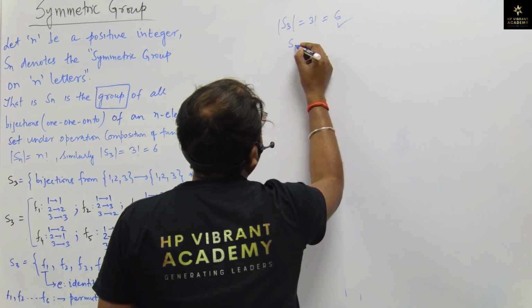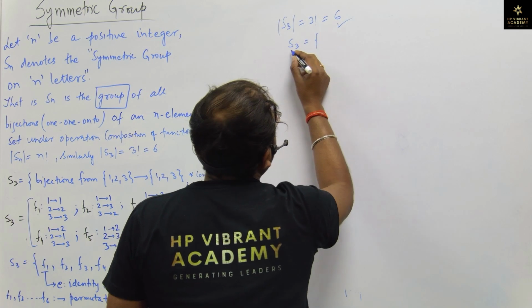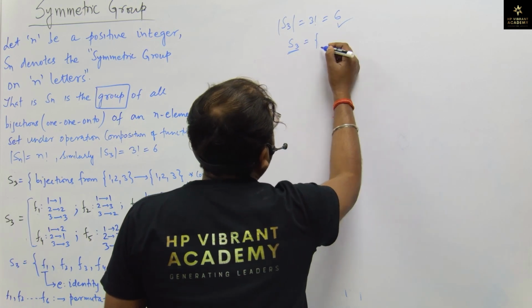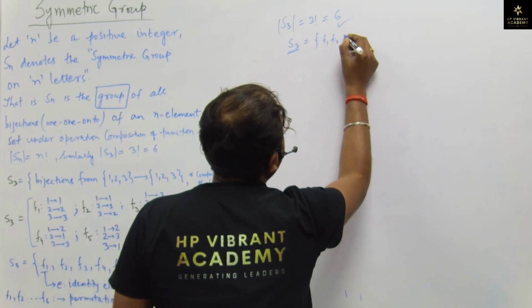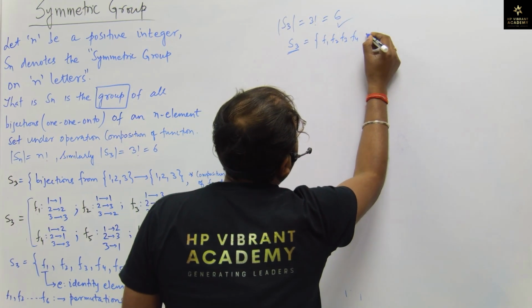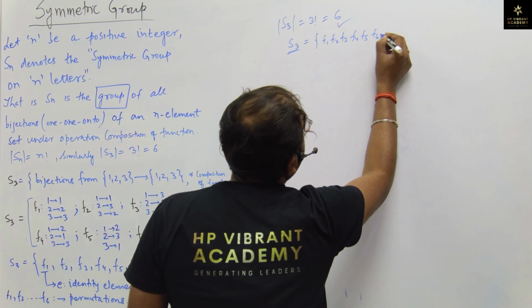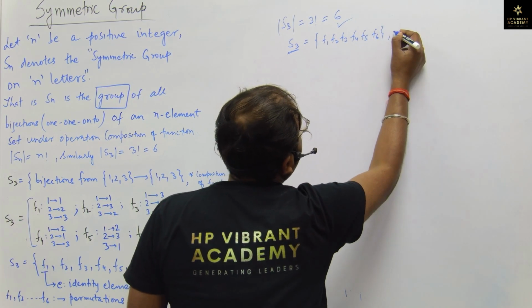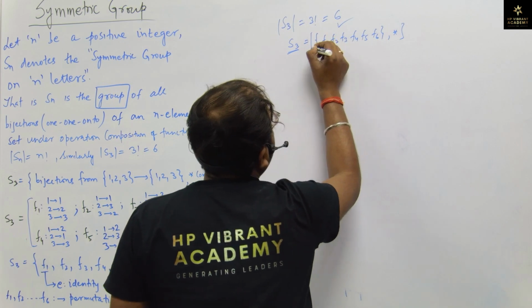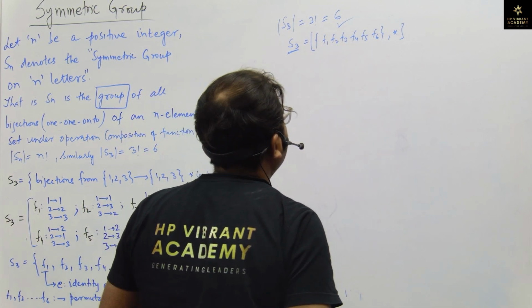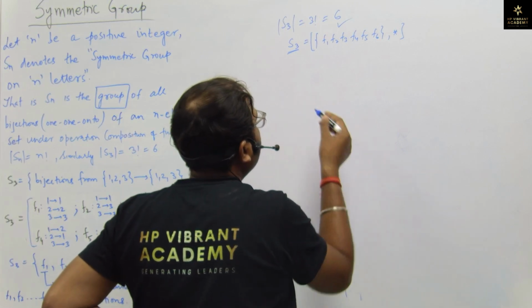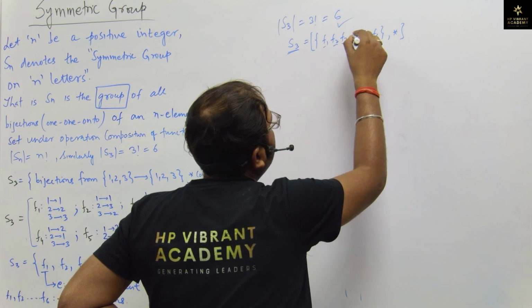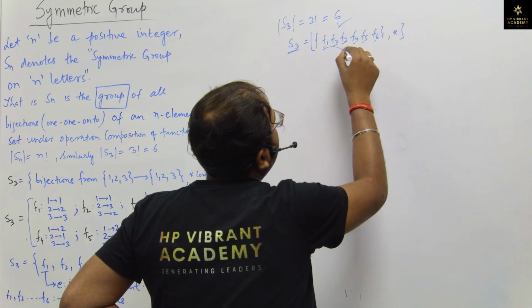So S3 is a group under operation star, with the elements F1, F2, F3, F4, F5 and F6. These elements form a group under operation star. Now let us try to find these F1 to F6. This F1, F2, F3, F4, F5 are nothing but permutations.